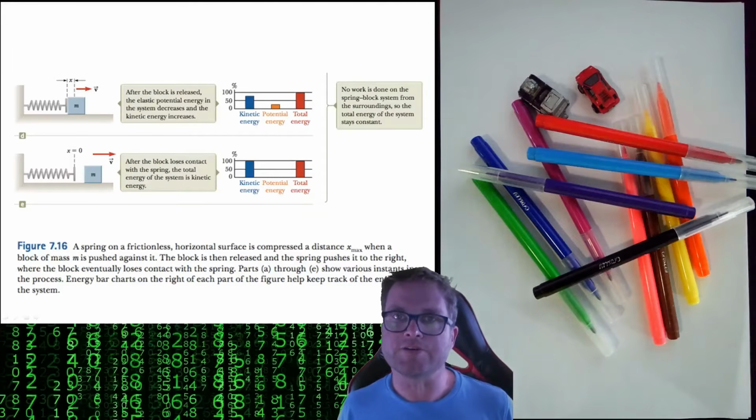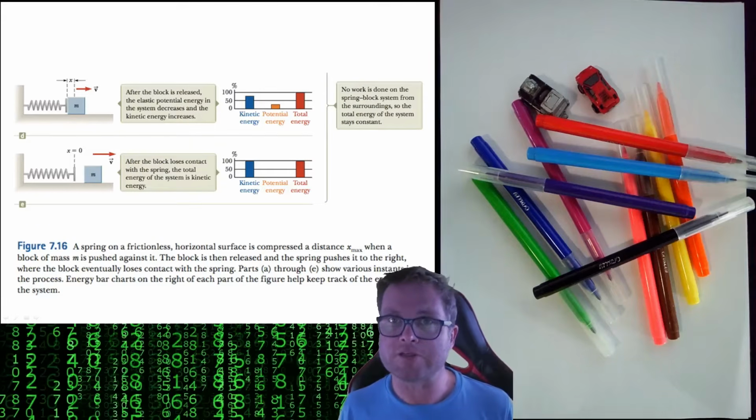So this is an interesting example. It's interesting in the sense that it forces us to think about what's happening in a different way. We're not only focusing our attention on the block, but now we're interested in looking at the whole system, where the system is the block and the spring.